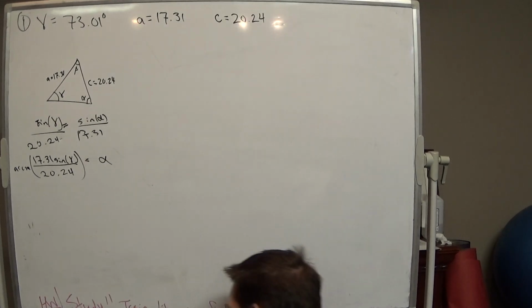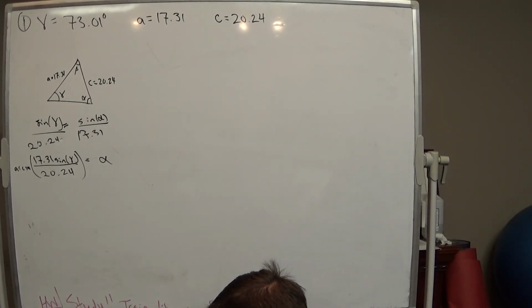Now, let's see what my calculator tells me. Arc sine of 17.31 times sine gamma. Gamma is 73.01, close parentheses.